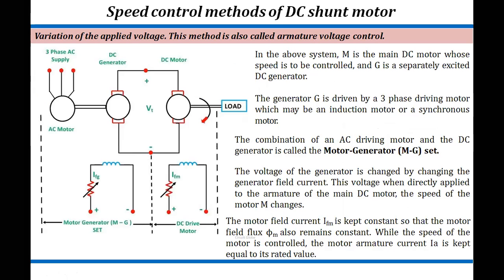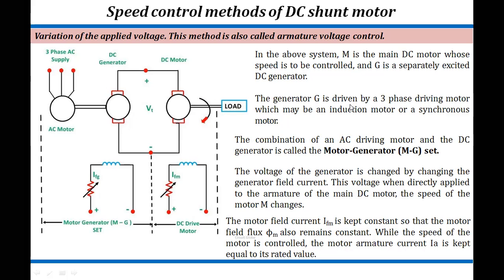So here we can see in the DC shunt motor, M is the main DC motor. This is the DC motor and this is the DC generator. And what are we supposed to do? We are supposed to control the speed of the DC motor. G is separately excited, and we call it separately excited because you can see here we are giving the power supply to the DC generator.